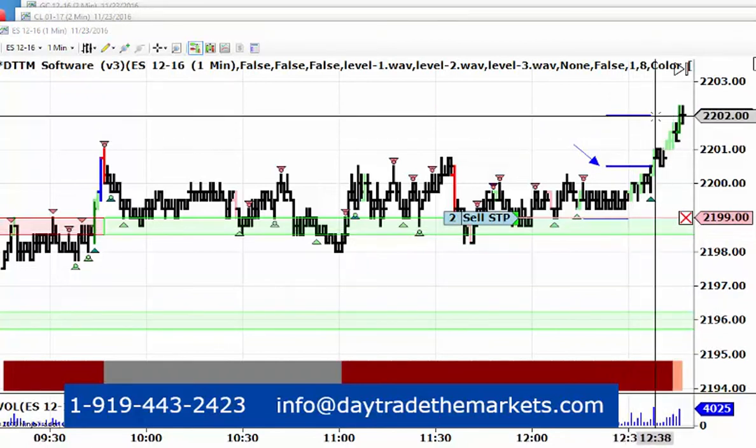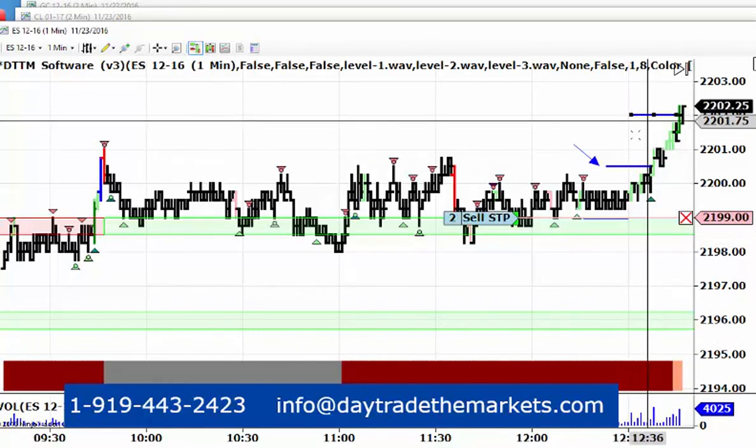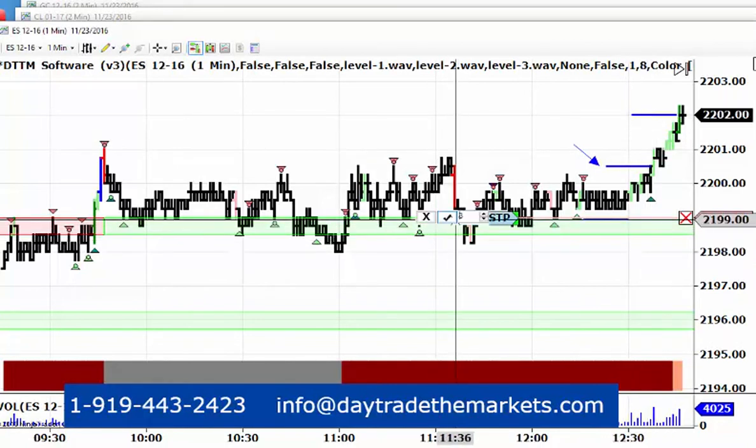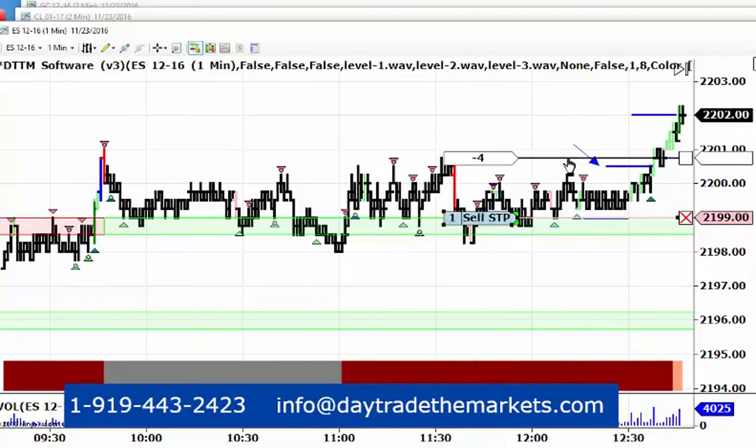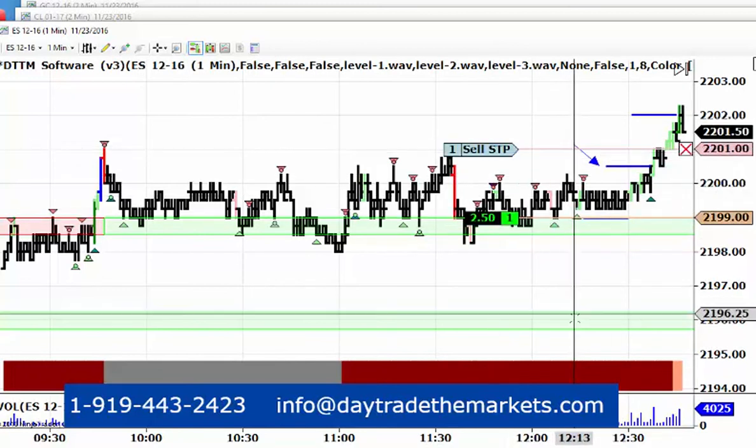Okay, we just got filled here a moment ago at 2202. That was for one contract of the 4. We have one contract remaining, and so I'm going to raise the stop here just below that green bar. So I'll put it at 2201.